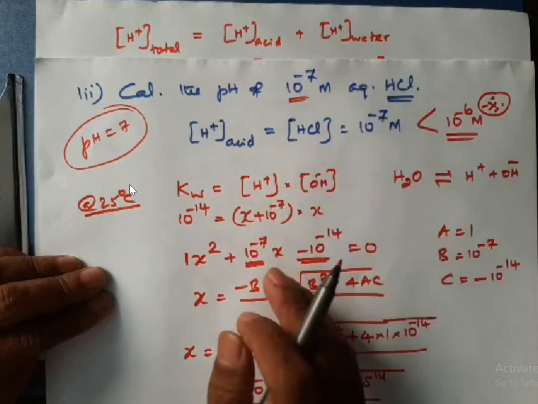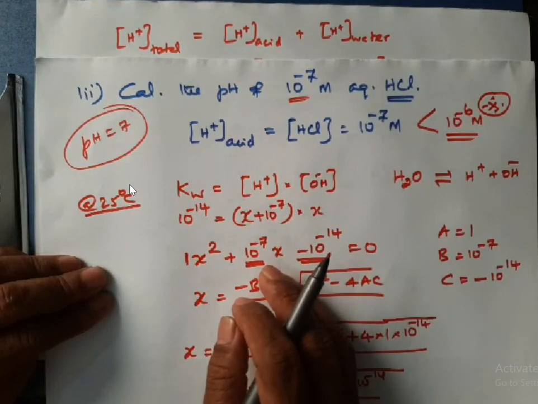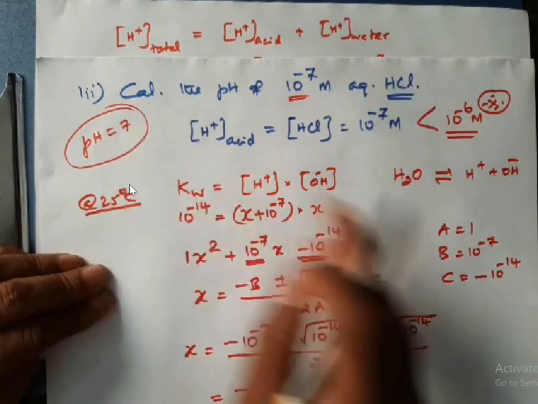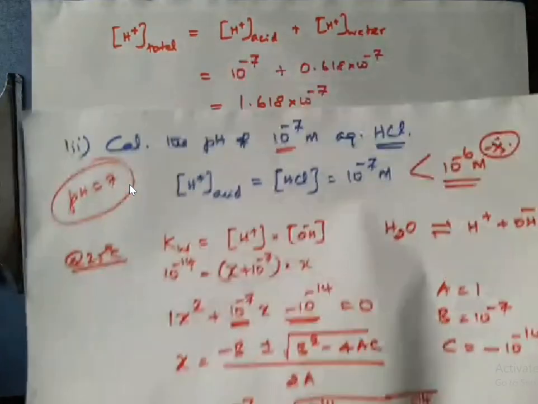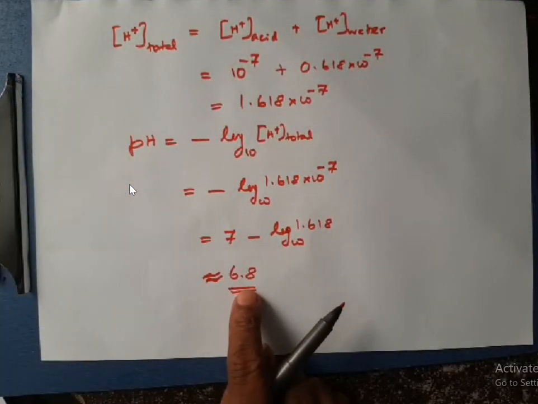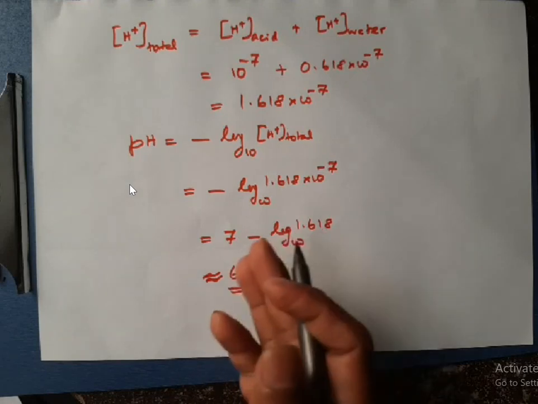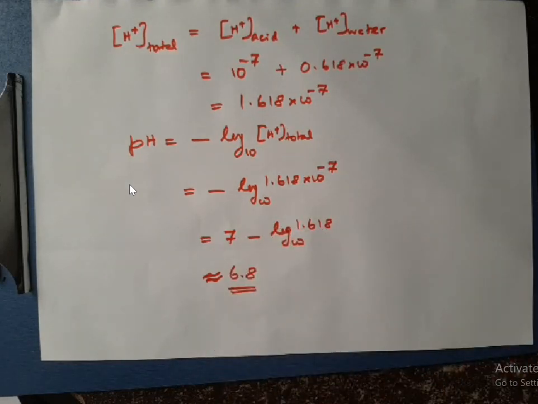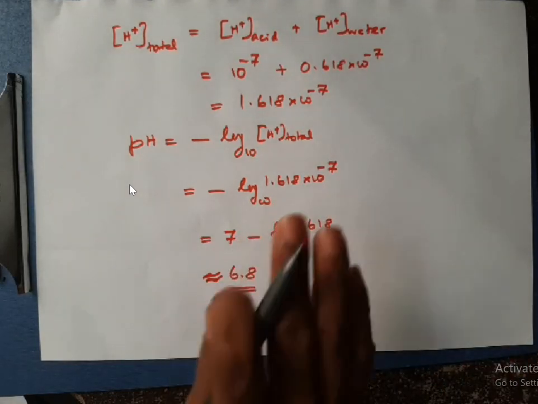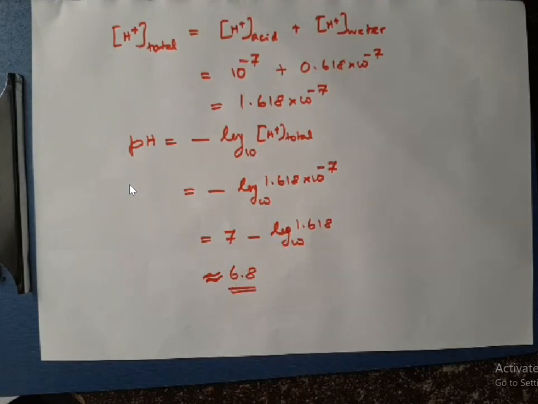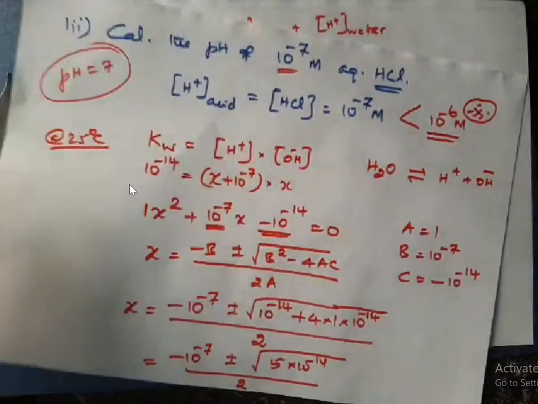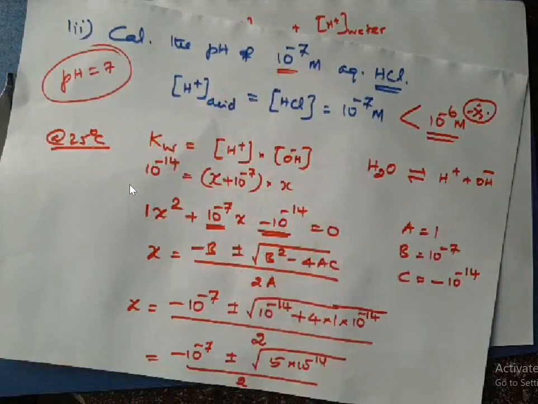It cannot be neutral. Therefore, pH is not 7. pH is actually close to 7, but the value is 6.8 something. This is how you must calculate pH of very dilute solutions. If the acid is given as a dilute acid, you can use this idea.